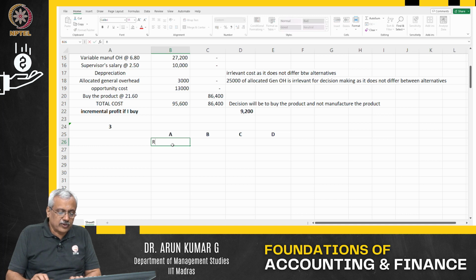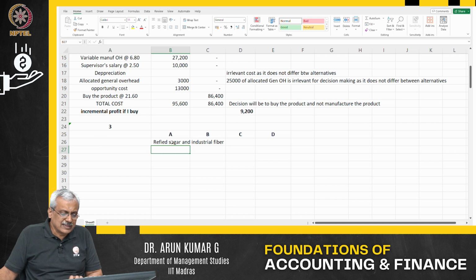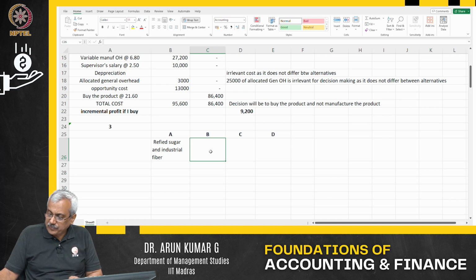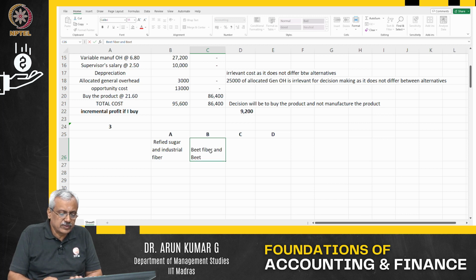Alternative A, I get refined sugar and industrial fiber. Now, these are basically the outputs. What I am basically going to get is what I am writing out here. Second possible is I just sell it as beet fiber and beet juice.